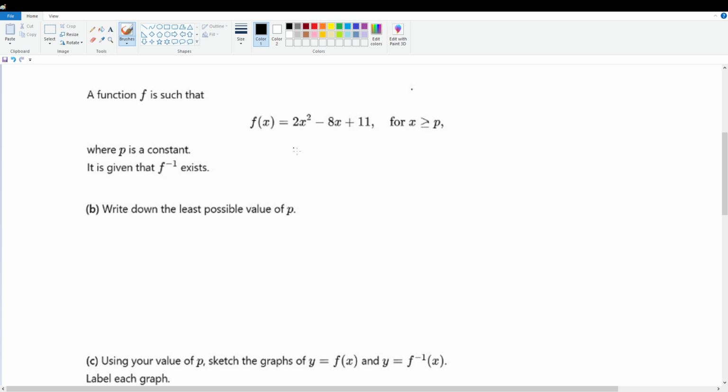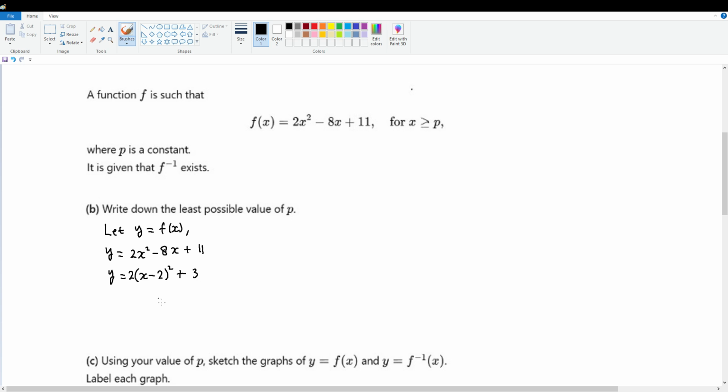Right, so let y be our function such that y is equal to 2x squared minus 8x plus 11. Okay, and we know that this expression can be simplified to 2 times (x minus 2) squared, plus 3 here.